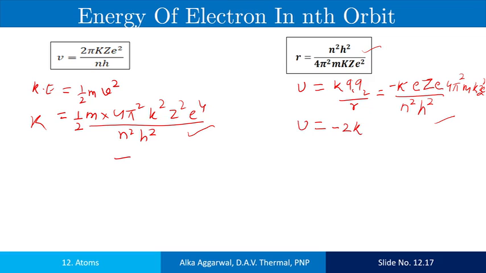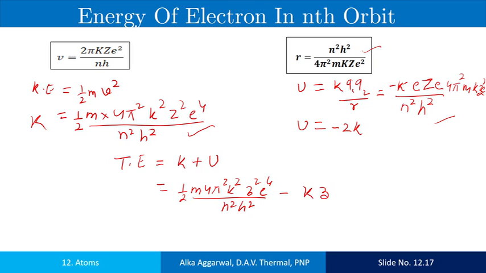And when we have to find out the total energy, then the total energy is the sum of the kinetic energy and the potential energy. Kinetic energy is 1 by 2 m 4 pi square k square z square e to the power 4 upon n square h square minus k z e square, that is minus k square z square e to the power 4 pi square m upon n square h square.